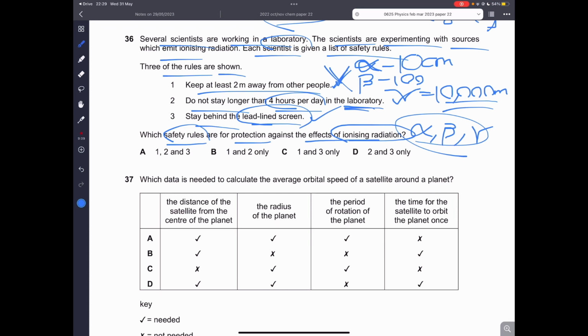So rule 2 and 3 only works, so D is the correct answer.